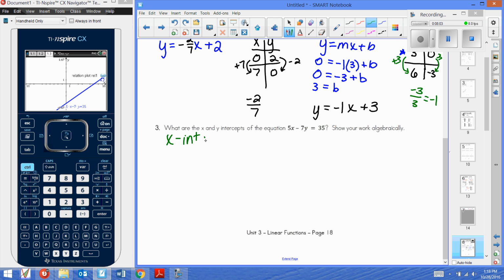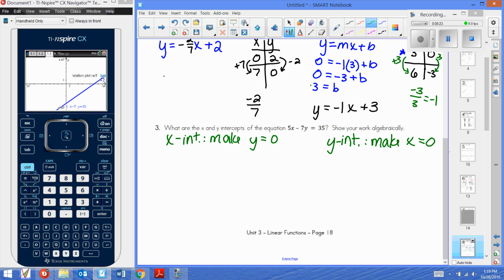We need to make y equal 0. What do you think we'll do for the y-intercept? Well, we won't make y equal to 0. We will have to make x equal 0.